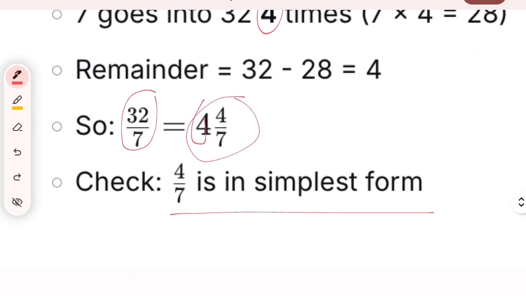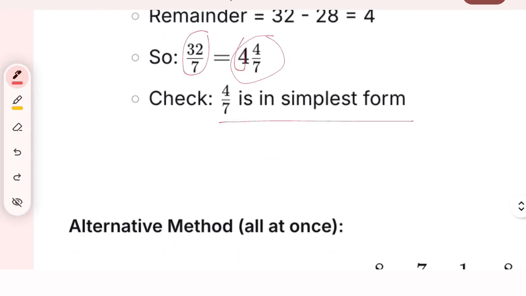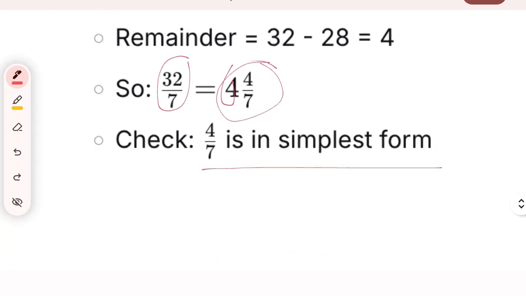Is 4/7 in its simplest form? Yes, it is. Therefore, the final answer is 4 and 4/7. Again, this could be an accepted answer depending on your teacher or your professor. So 32/7 as an improper fraction can be accepted, or you can have an answer in terms of a mixed number, which is 4 and 4/7.